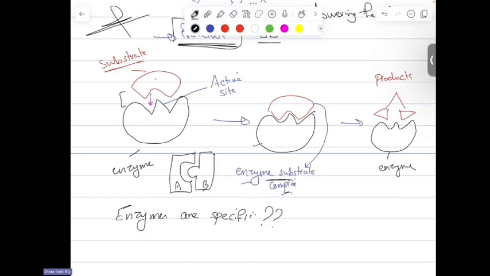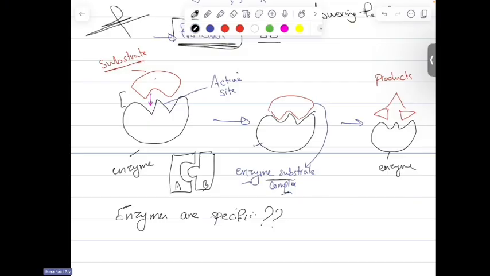As I mentioned, usually this question is out of three. What should you write in the answer? Enzymes are specific because the active site of the enzyme has a specific shape. This is number one. It has a particular shape.